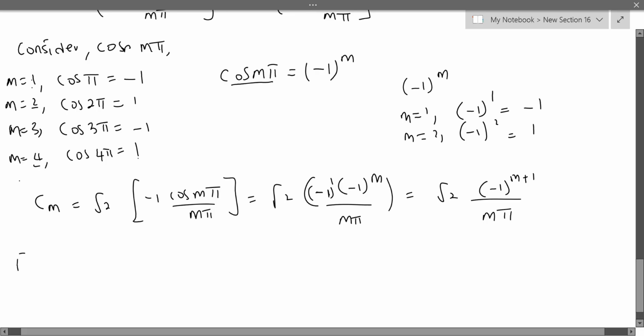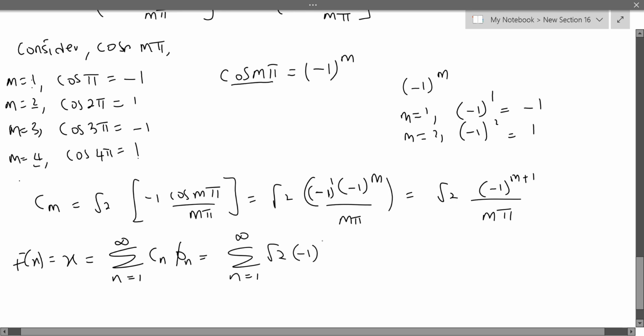So let's come back to the general formula. f of x, which is x now, is equal to the summation from n equals 1 to infinity of c_n phi_n. So we've gotten what c_n is. c_n is root 2 times minus 1 to the power of n plus 1 over n pi. Then phi_n is the orthogonal function, which is root 2 sine n pi x.